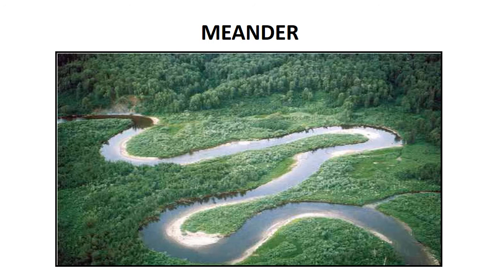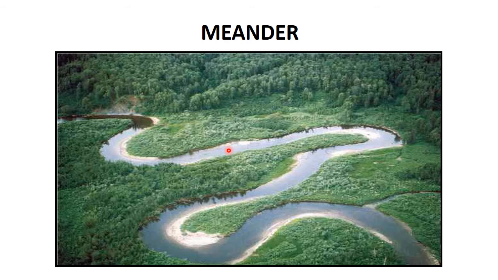Children, as the river enters the plain, it tends to twist and bend. Okay, and why does the river twist and bend? Because now it is carrying sediments and it has to find its way somehow. So it will find its own path, and normally at this stage the river twists and bends.